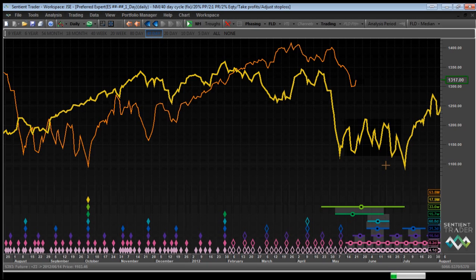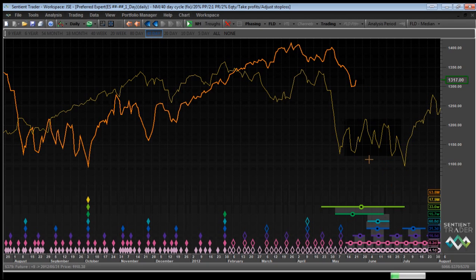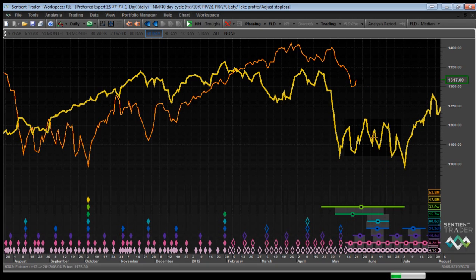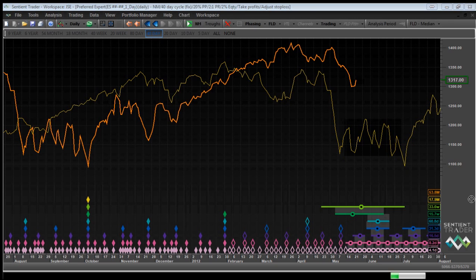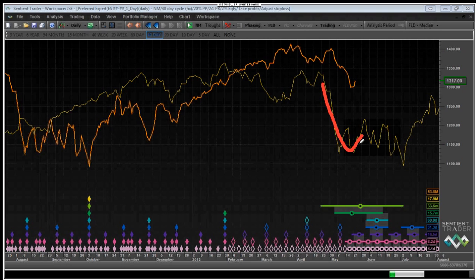One final thing about the 18-month FLD, and this is not something that to my knowledge Hurst ever mentioned, but it's something that I have often noticed, and I often mention it in ST outlooks and my market commentaries. That is, the price often tends to come down and ride along an FLD for a while.